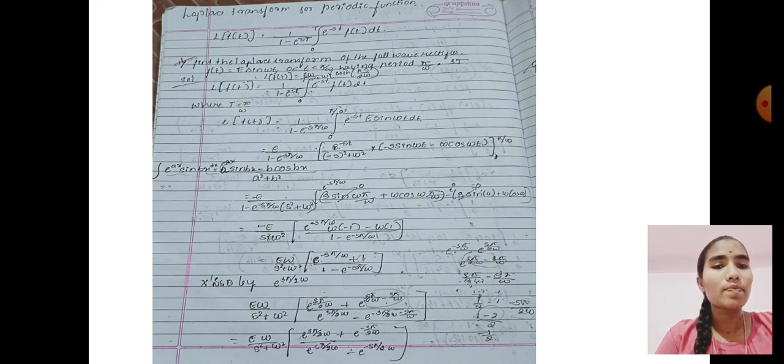of (e to the power of s pi by 2w plus e to the power of minus s pi by 2w) divided by (e to the power of s pi by 2w minus e to the power of minus s pi by 2w).